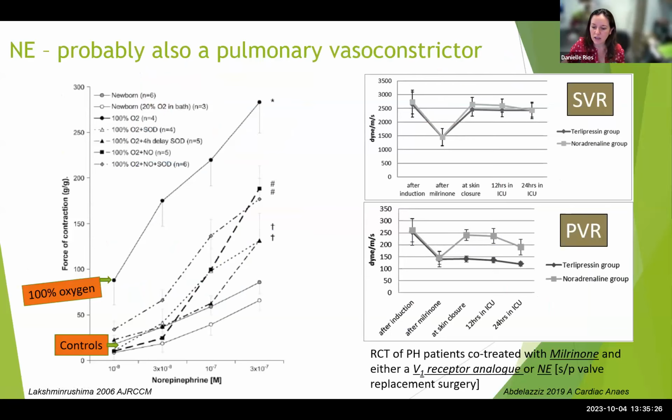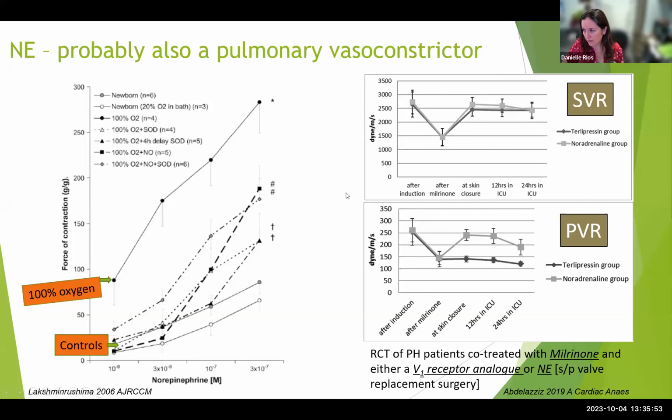So here on the left, this study was looking at newborns in 100% oxygen versus controls. And you can see that in 100% oxygen, norepinephrine increased the vasoconstriction of the pulmonary arteries more significantly.